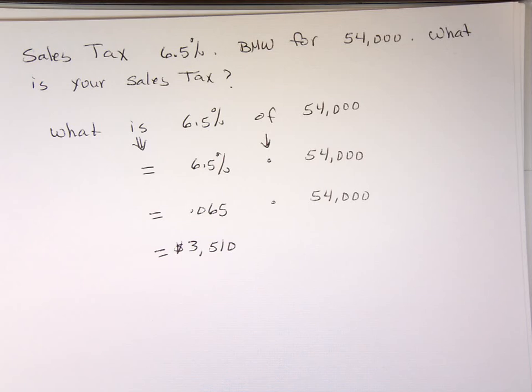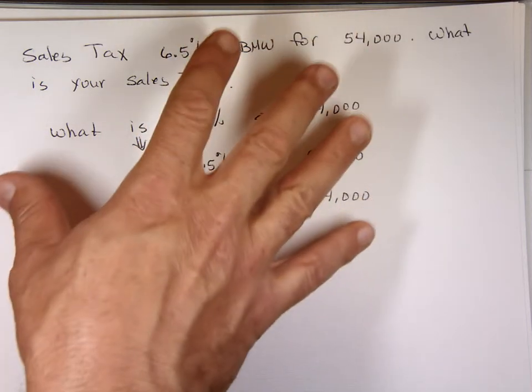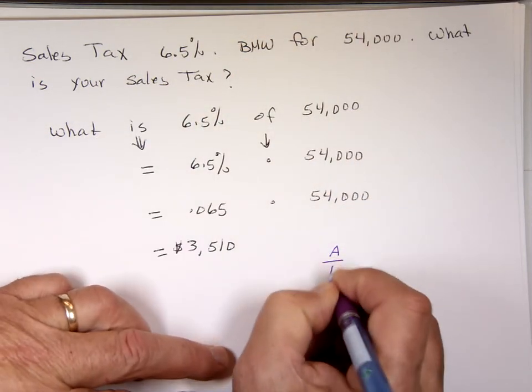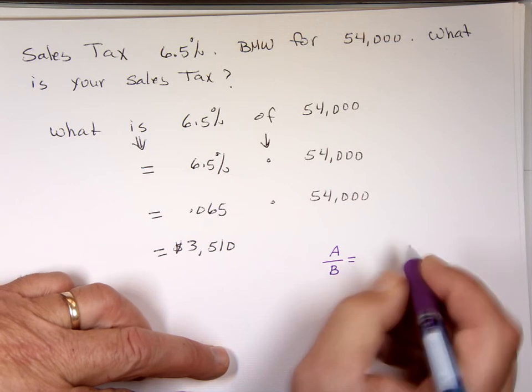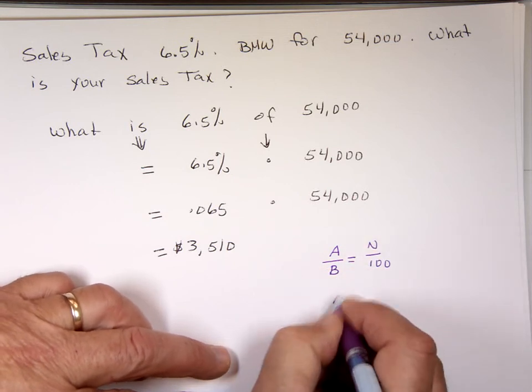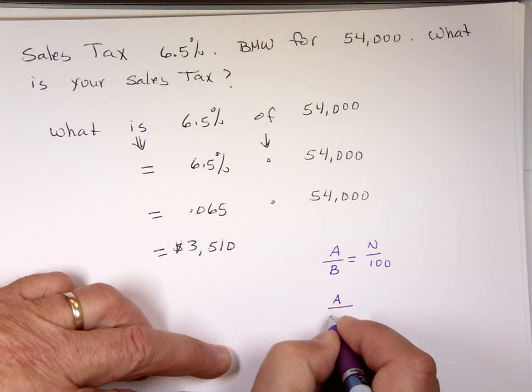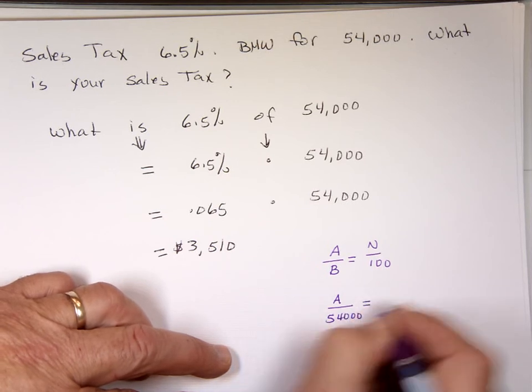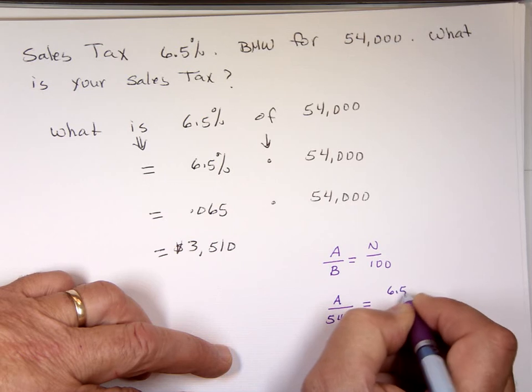As I said, if you don't want to use this method, you could have done it another way. The amount to the base is the same as the number to 100. The amount is unknown. The base is 54,000, equals 6.5 to 100.